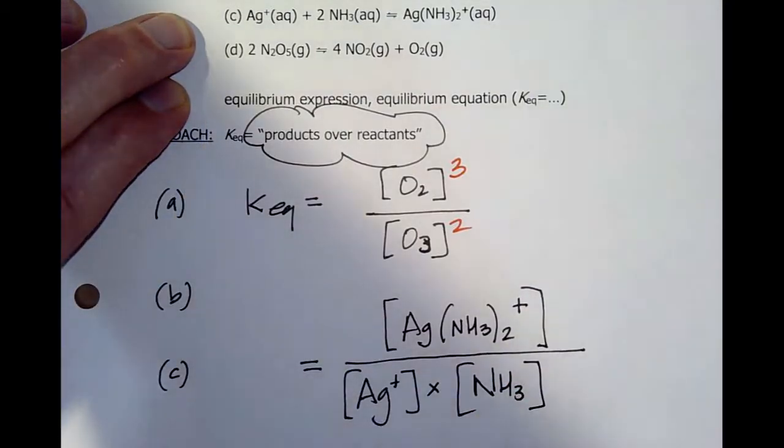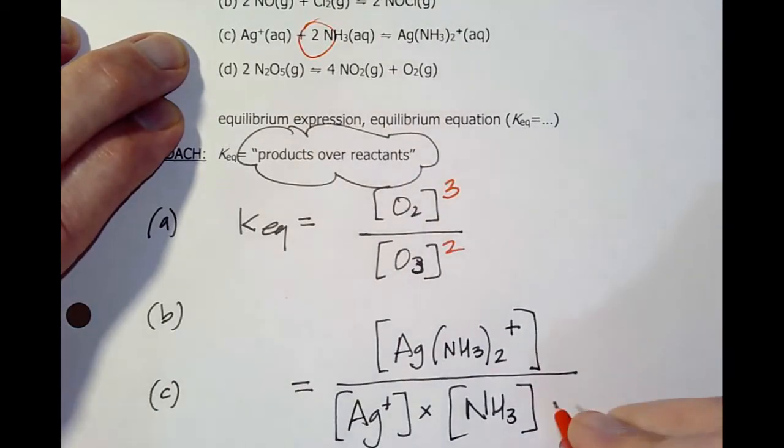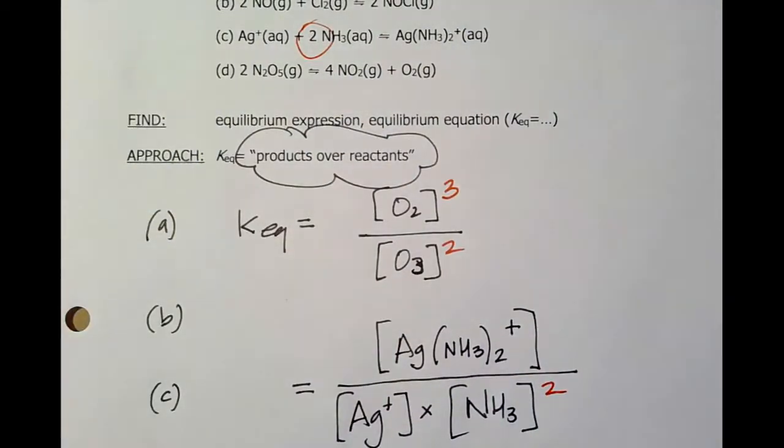And since there's 2 NH3s, I put a 2 there. And that's it. Products over reactants raised to the power of the coefficients in the balanced chemical equation.